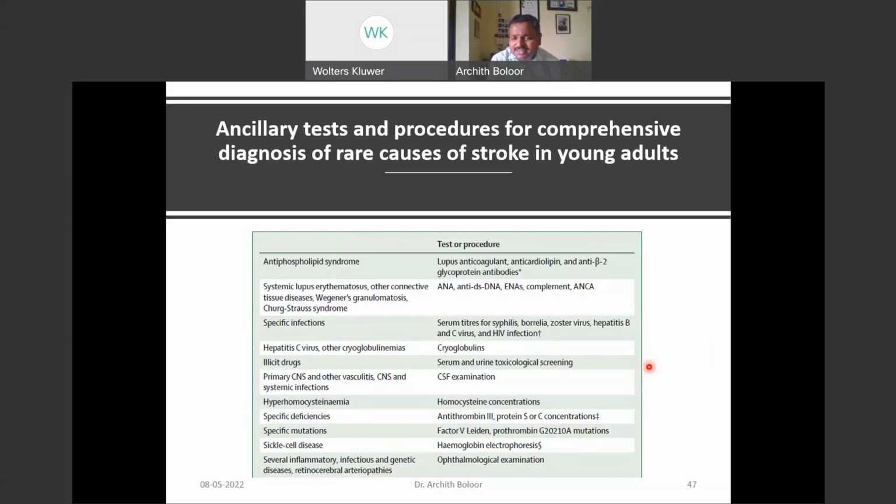All the rest is plus minus: cryoglobulins, toxicological screening, CNS infection ruling out, homocysteine, antithrombin, protein C, protein S, factor V Leiden mutation, the G20210A mutation, that is for your prothrombotic states, may not be done routinely. If you're suspecting a sickle cell disease, you would want to do a Hb electrophoresis, and sometimes ophthalmological conditions can be diagnosed by looking at the fundus. That can be done in all patients.